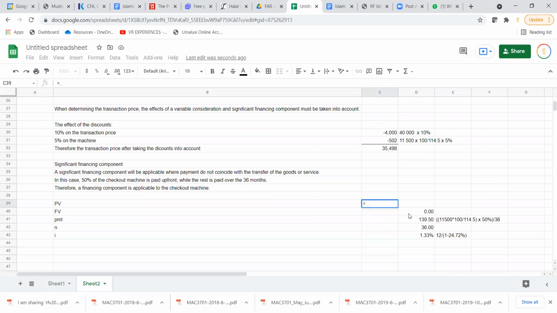So equal present value, open, I want N, I want PMT, I want future value, and then I want the rate.